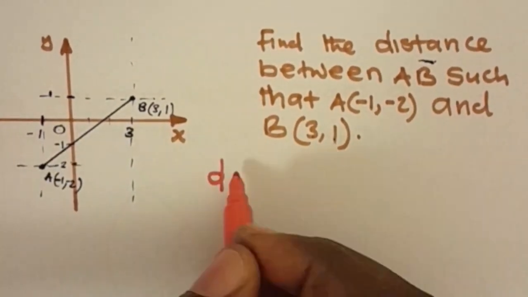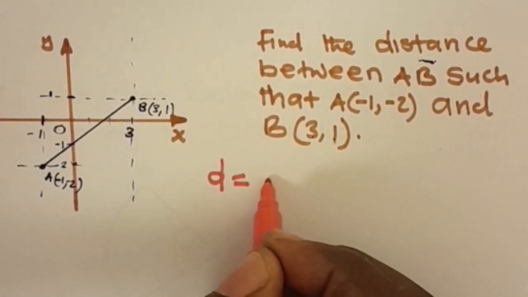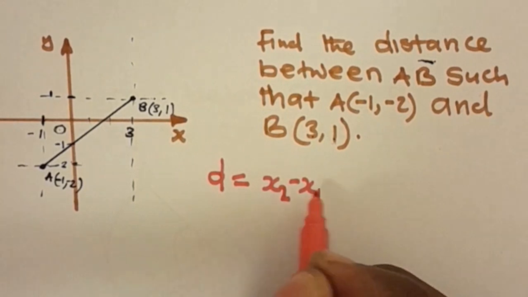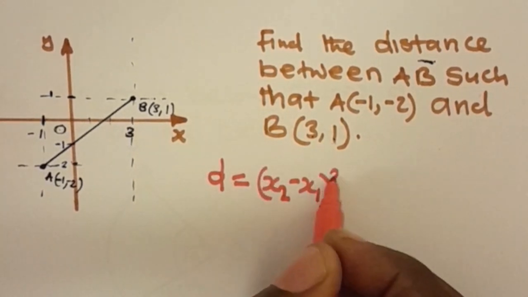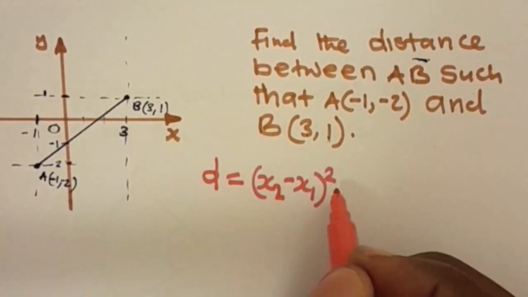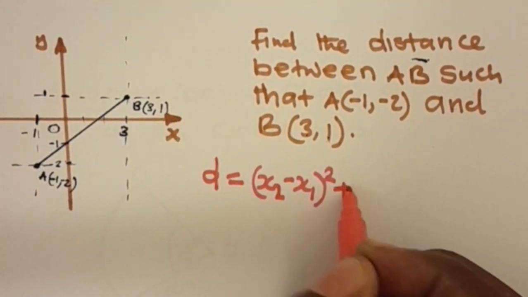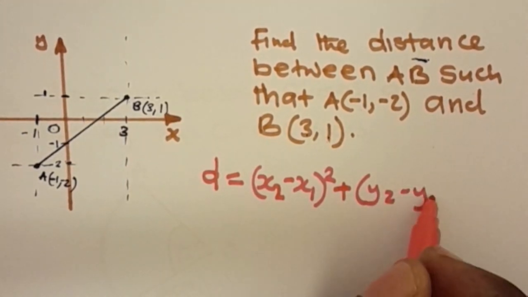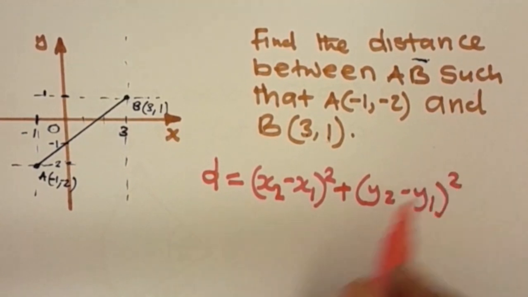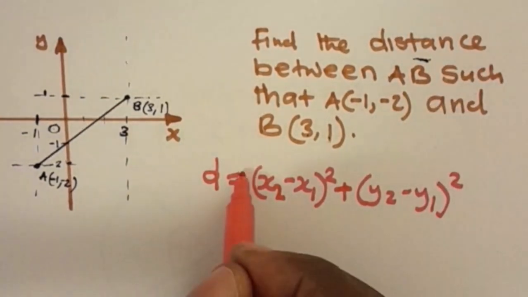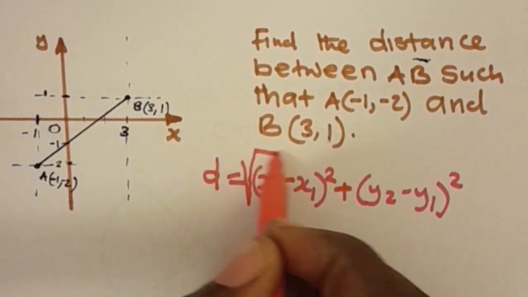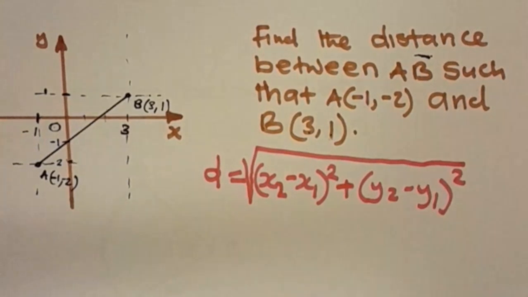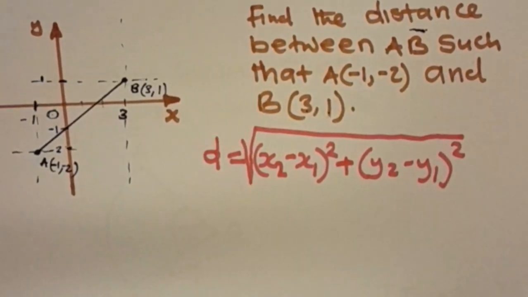D is equal to the square root of x2 minus x1, everything squared, plus y2 minus y1, and again everything squared, and we are actually finding the square root of everything.